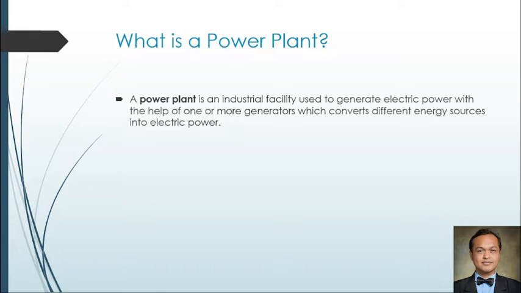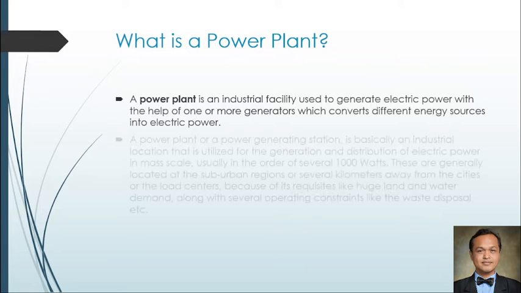So a power plant may have one or more generators in order to supply power. The addition of generators in a power plant gives a boost to the power plant, which means it can produce much more power than before.